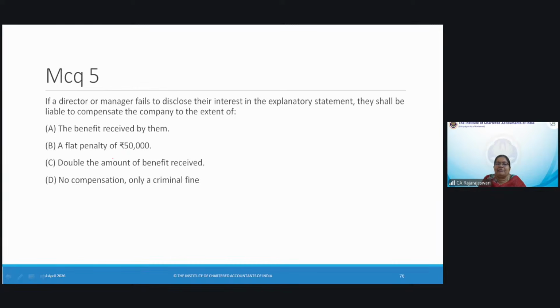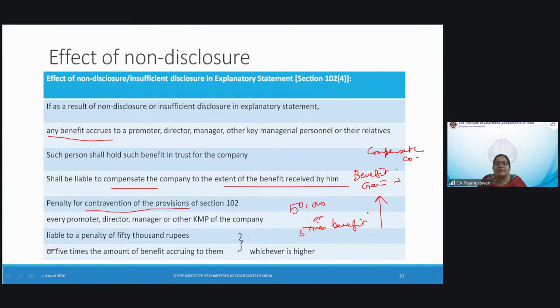You get a confusion between A and B. If a director or manager fails to disclose: if as a result of non-disclosure or insufficient disclosure in the explanatory statement, any benefit accrues to a promoter, director, or other key managerial personnel or their relatives, such person shall hold such benefit in trust for the company and shall be liable to compensate the company to the extent of the benefit received by him.